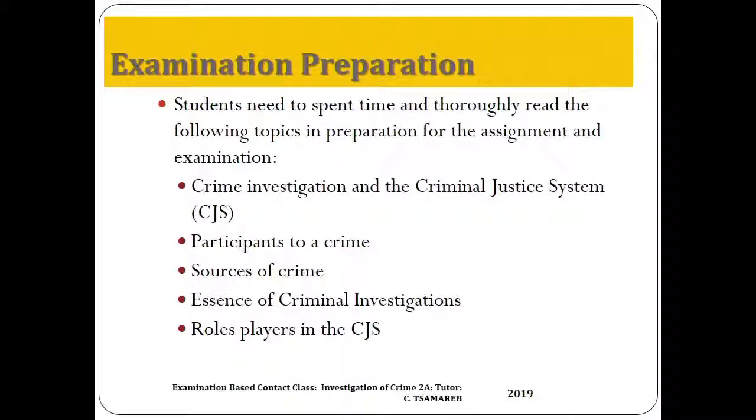Students need to spend time and thoroughly read the following topics in preparation for the examination: crime investigation and criminal justice system, participants to a crime, sources of crime, essence of criminal investigations, role players in the criminal justice system.